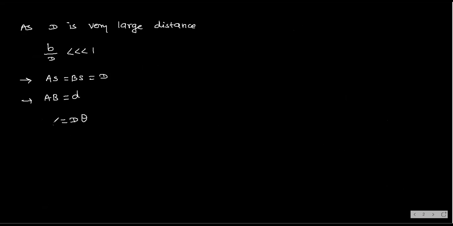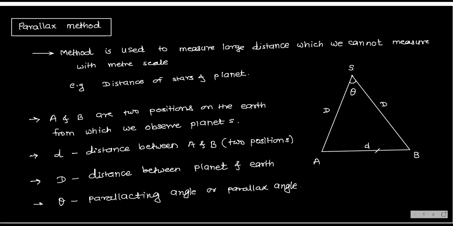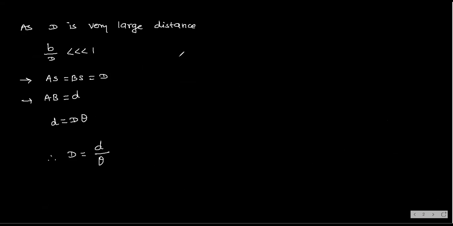So here I will write small d is equal to capital D into theta, and therefore capital D is equal to small d by theta, because in the diagram we have denoted it with a small d. How are you getting this, sir?